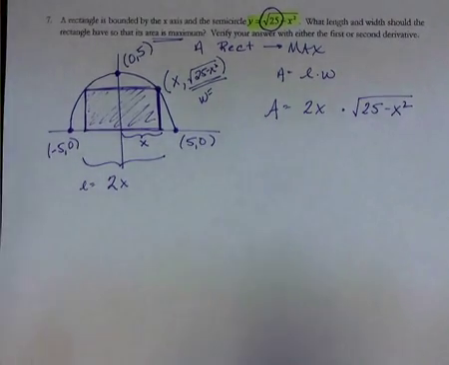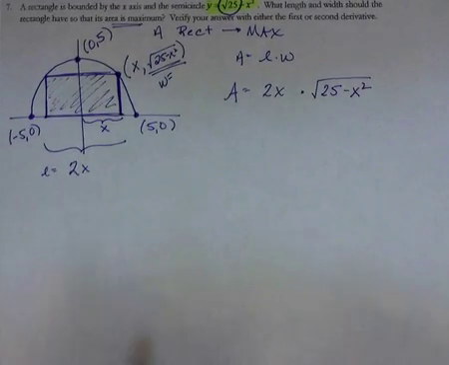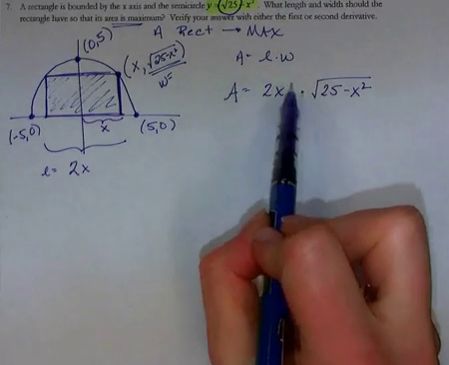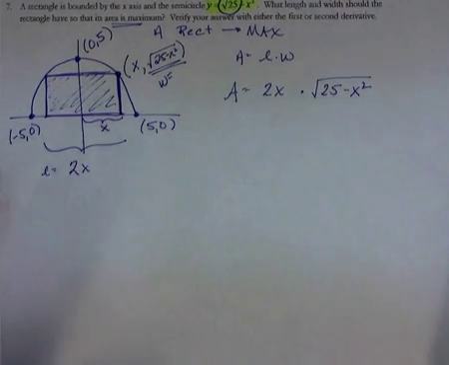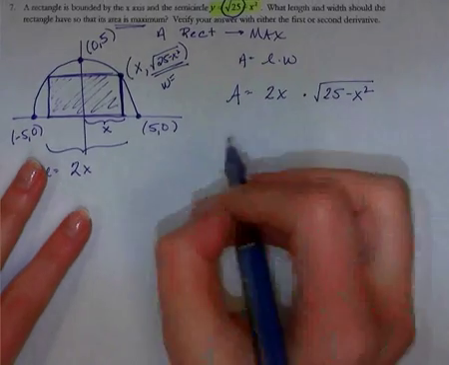Now, I have a formula for the area of my rectangle, all in terms of x. Looking at this formula, do I want to try to combine, like trying to multiply these together? Not really. It's going to get really messy. So since I have the multiplication of two different terms, I need to use product rule. So here we go.